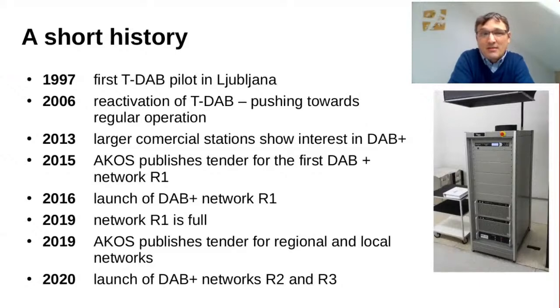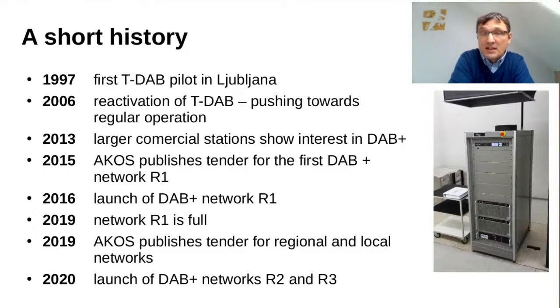So in 2013, some bigger commercial stations joined these interests, and together we made some pushes on our agency. And finally, in 2015, they put out a tender for the first DAB+ network, and we succeeded to get the license in 2016.